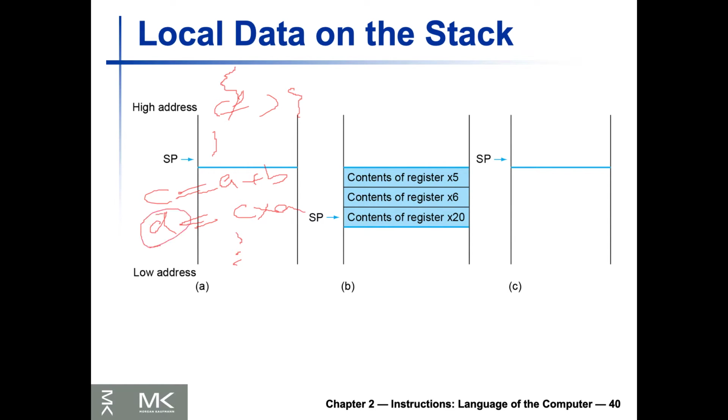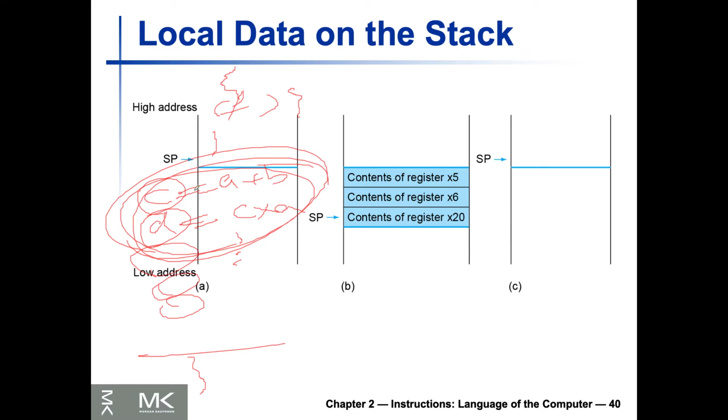We need to have this available until we reach the end of the procedure, so we are allocating memory here by changing the sp by 8 times.